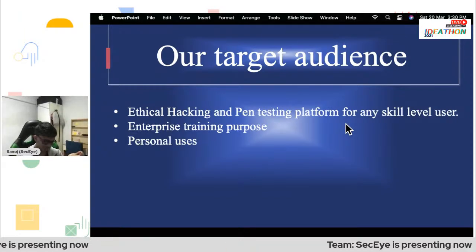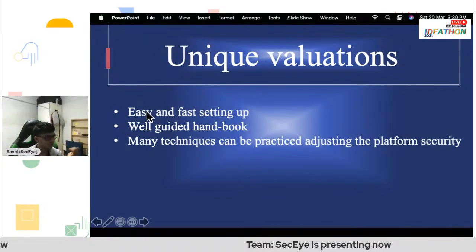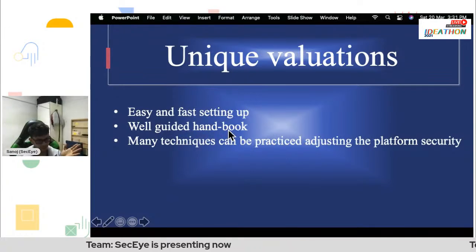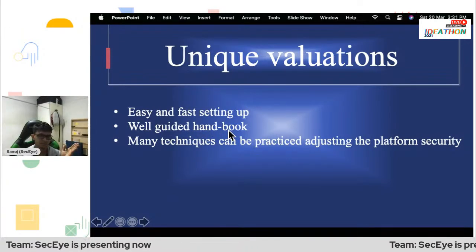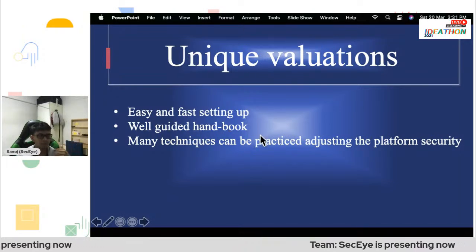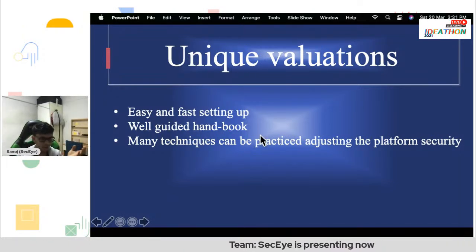Also for personal users. Validation is easy and setup is fast. Also, this platform can be used offline as well, because we educate them to use their offline host as well.